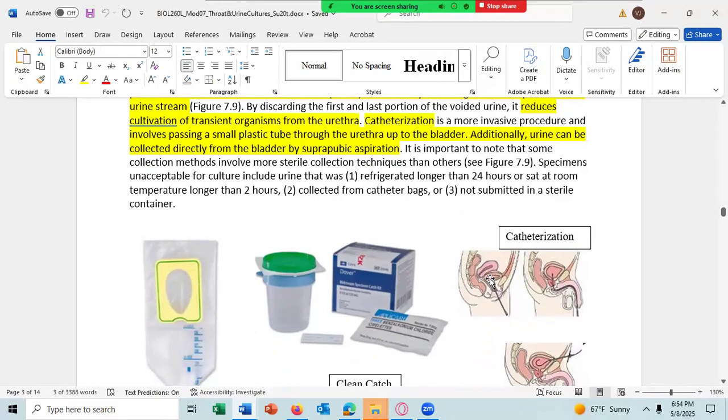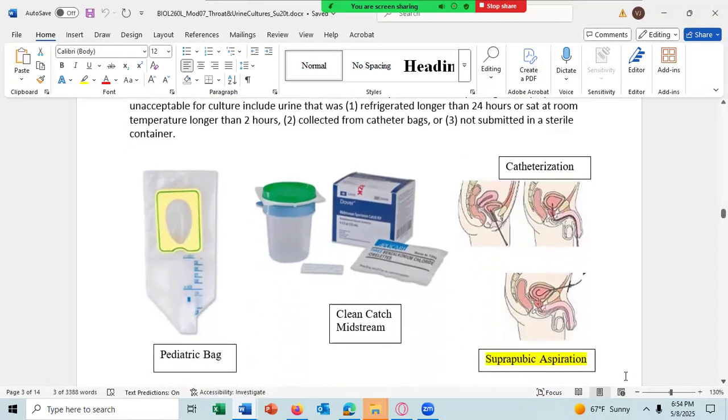And then the best way is suprapubic aspiration, where you insert a needle through the abdominal wall directly into the bladder and sample the urine directly from the bladder.